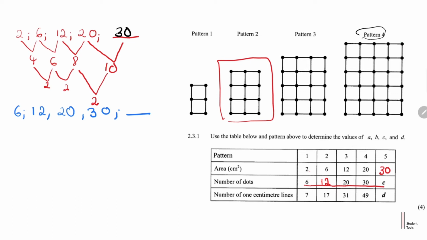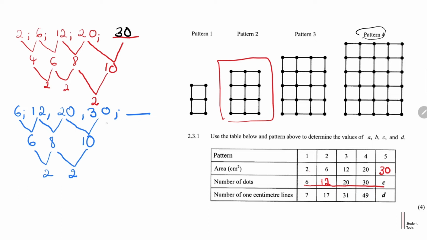Again, we will first check the first differences so that we can understand what kind of a sequence it is. First differences: 12 minus 6, that is a 6. 20 minus 12, that is an 8. 30 minus 20, that is a 10. So again, we are getting a trend. This is a quadratic, so we are getting a common difference of 2 again.